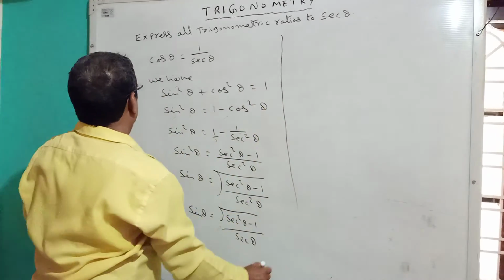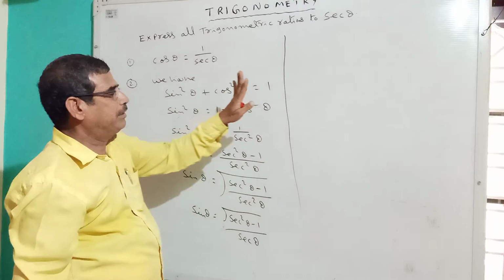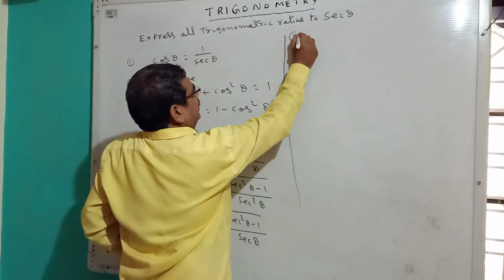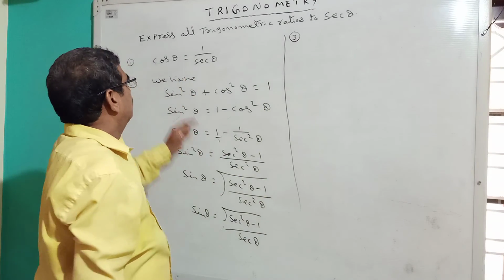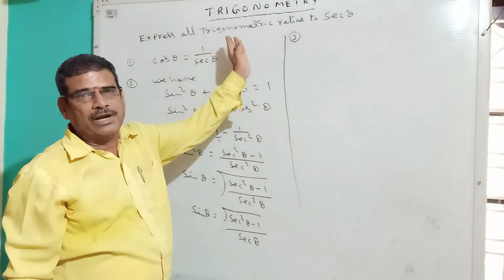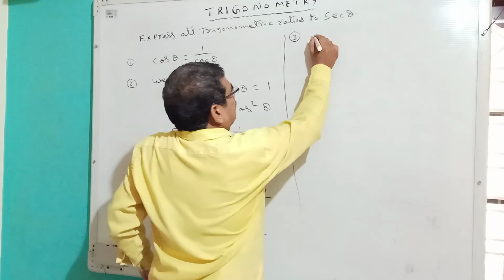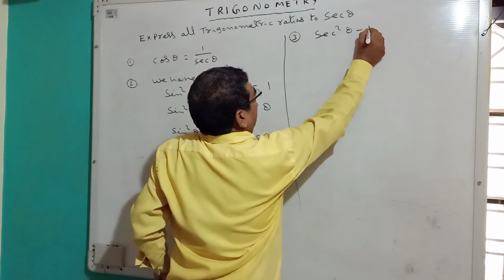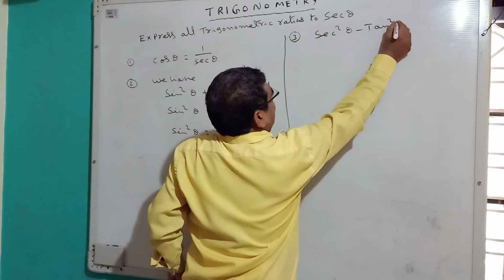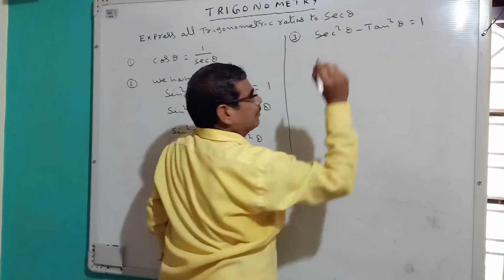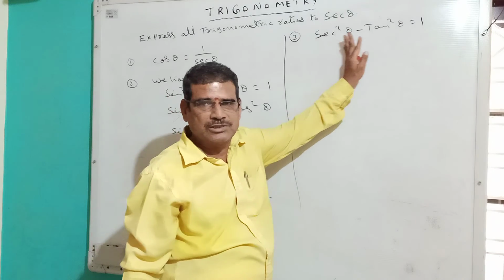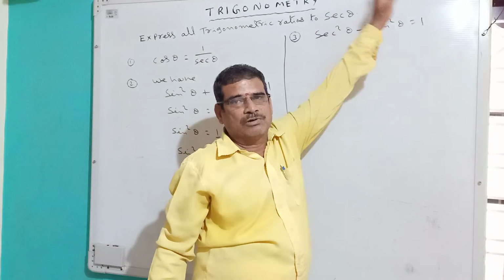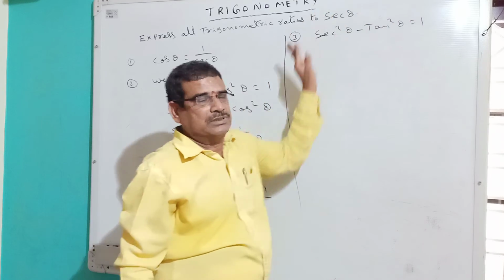Next, 1, 2 over, remaining 3 balance. Next I am going to tan theta. There is a relation between secant and tan: secant square theta minus tan square theta is equal to 1. So this minus tan square theta will go that side, and that 1 will come this side.